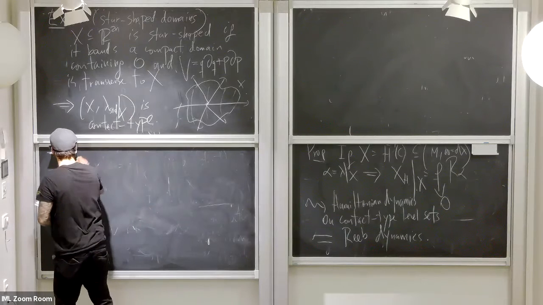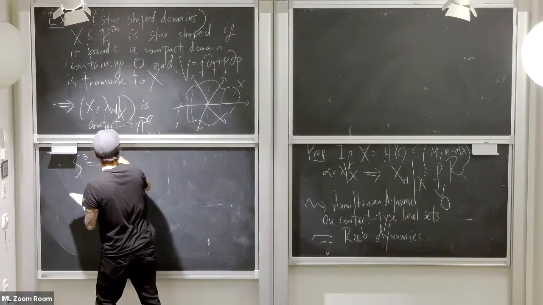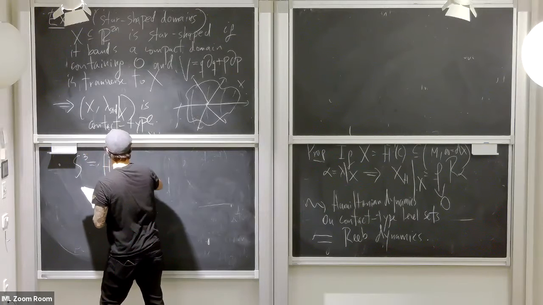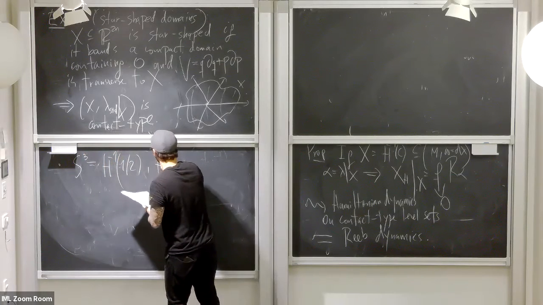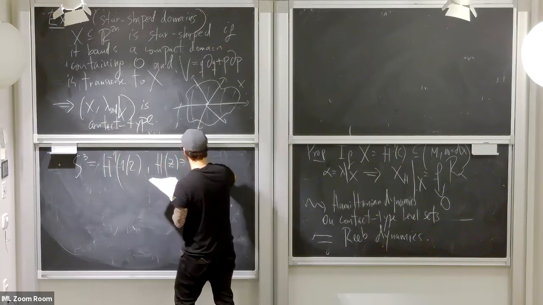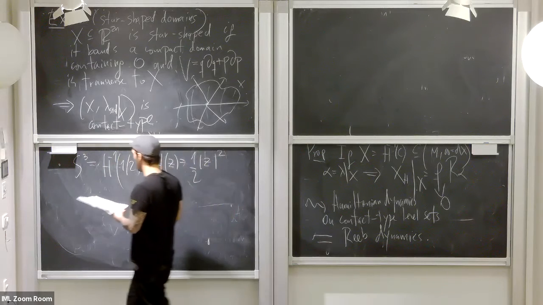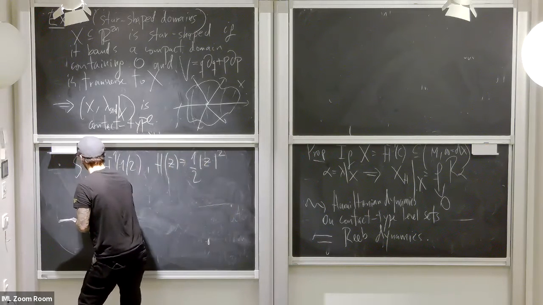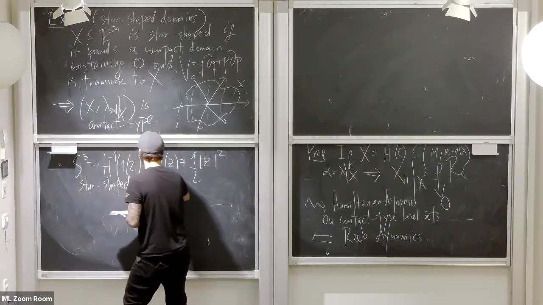In a particular case, S3 is the level set of a Hamiltonian, just the kinetic Hamiltonian. This is star-shaped in R4.